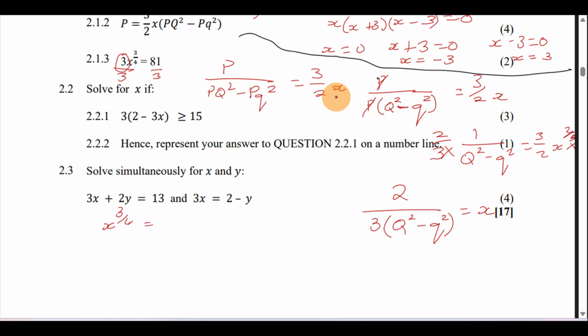What is 81 divided by 3? That should be 27. Let me just verify with a calculator: 81 divided by 3 is 27. Okay, so we now have 27.